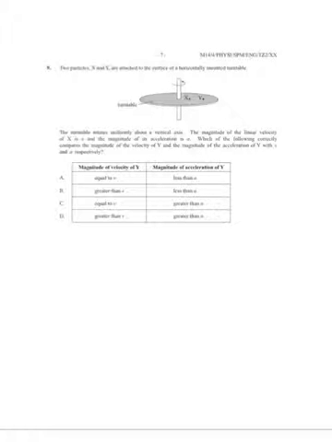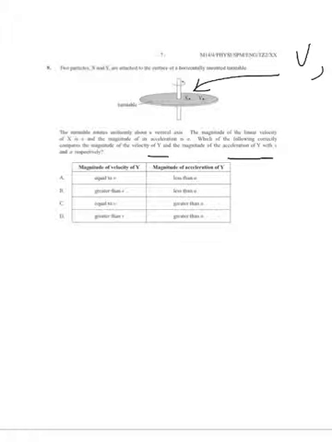Two particles, X and Y, are attached to the surface of a horizontally mounted turntable. The turntable rotates uniformly about a vertical axis. The magnitude of the linear velocity of X is V, and the magnitude of its acceleration is A. So we're talking about X, V, and A. Which of the following correctly compares the magnitude of the velocity of Y and the magnitude of the acceleration of Y with V and A respectively?